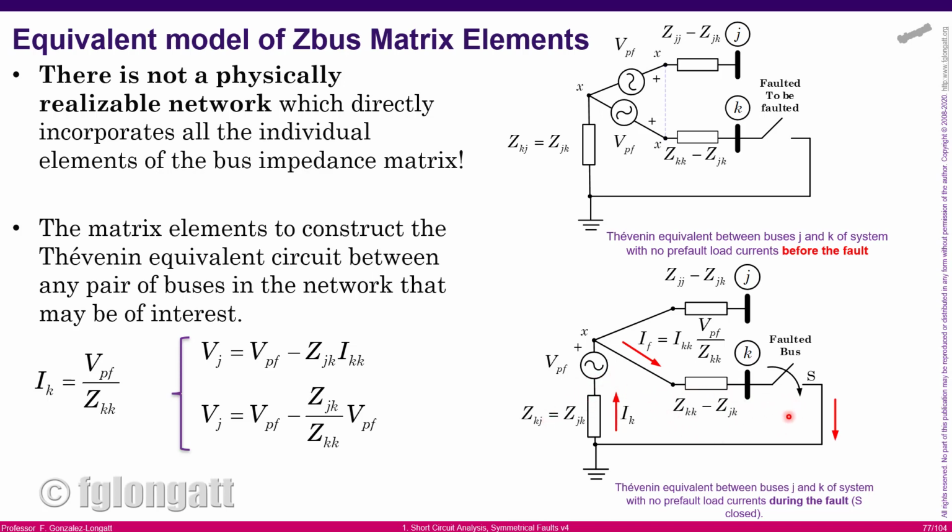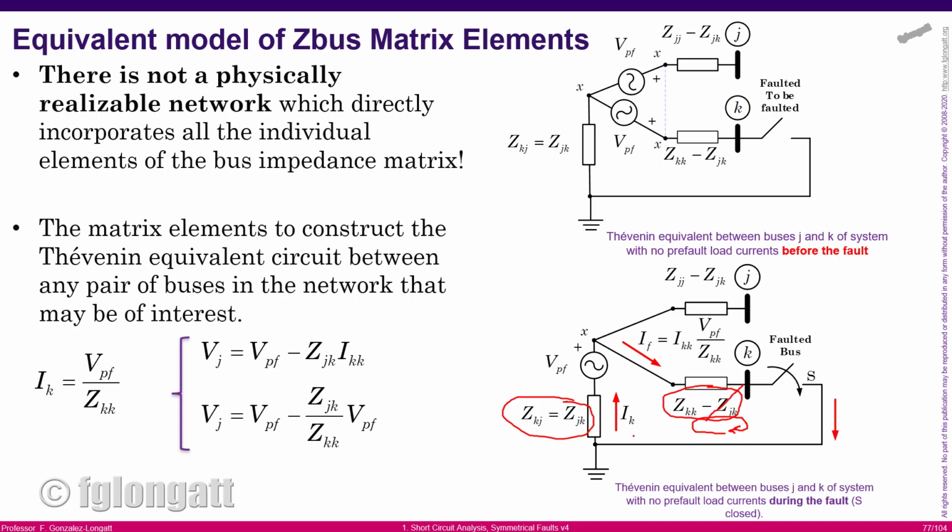If you look at this loop over here, you have this impedance in series with this impedance when this switch is closed. In this loop, you have this impedance in series with this impedance. That means that the fault current should be this voltage divided by the total impedance.